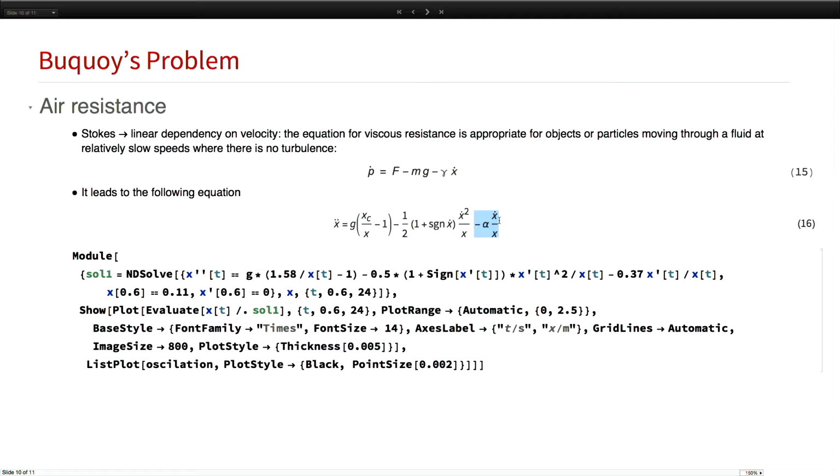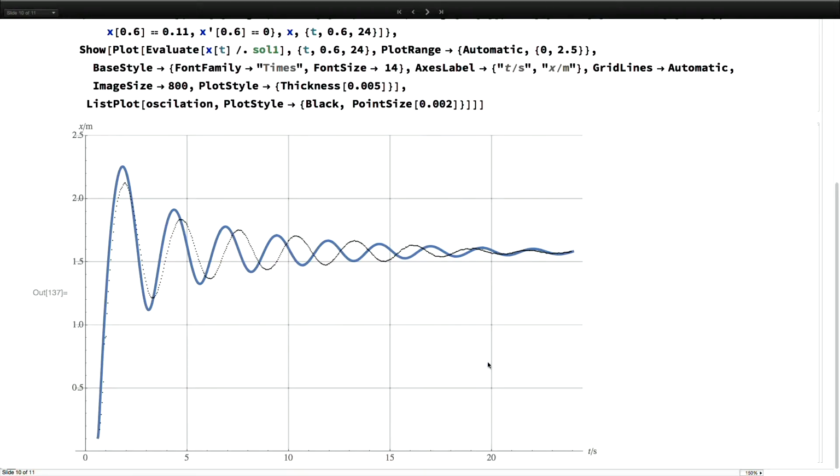If we use this equation and again compare the best fit with the experiment, we obtain this result. It's much better than the last one. There are some differences also, but I think there are many errors during the experiment.